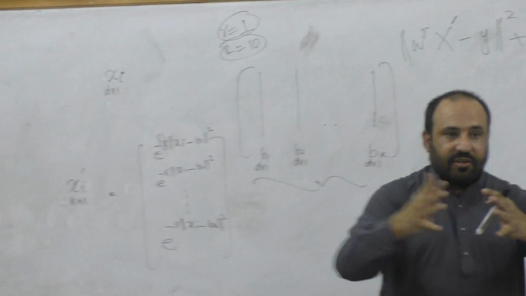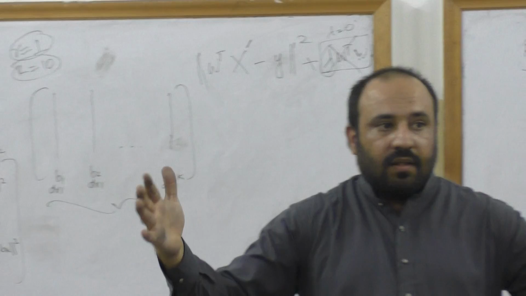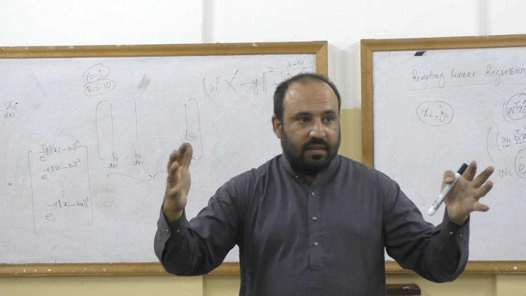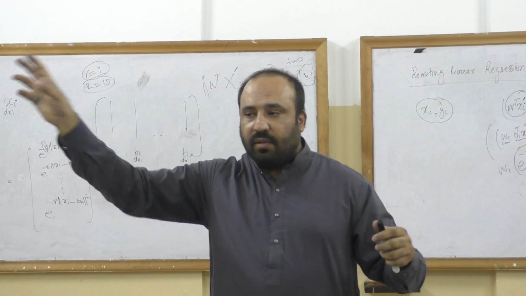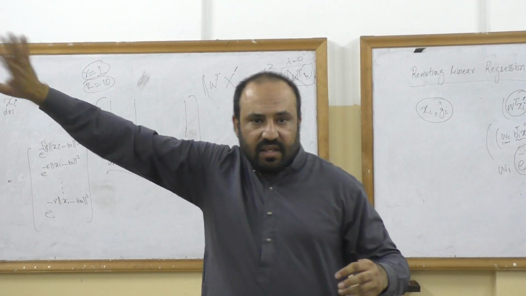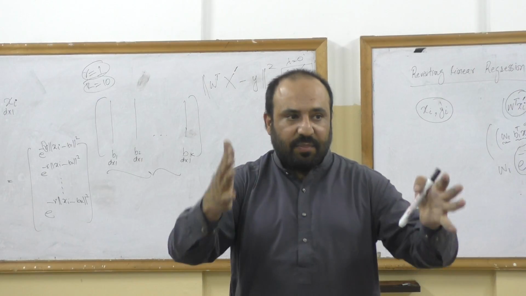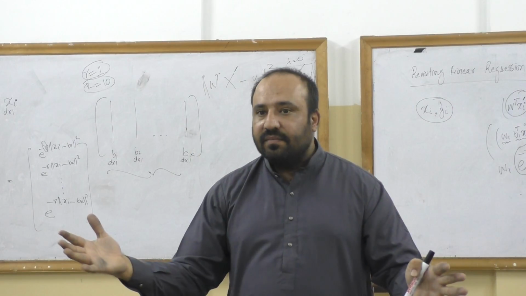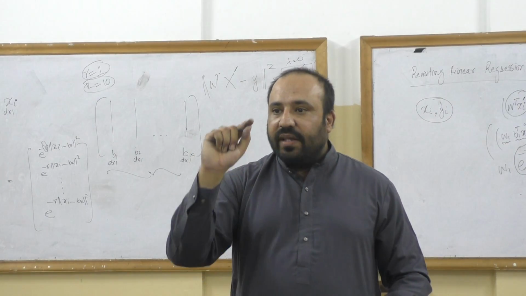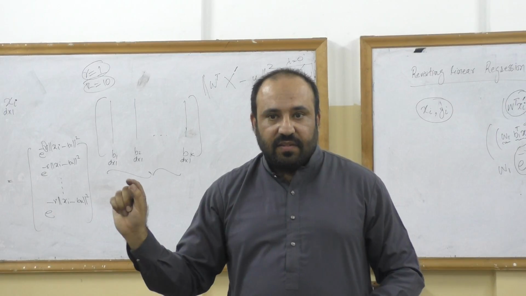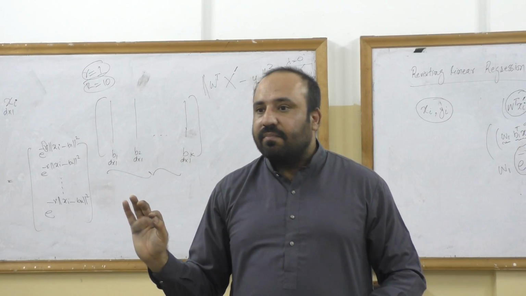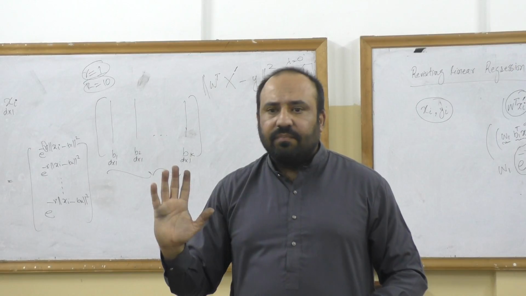Again, we have a training set. Split your training set into two parts: a hold-out set, which is called the test set. Then the rest of the set, split into a training set and a validation set. Start with, let's say, 2 clusters and see what the test error or validation error is.